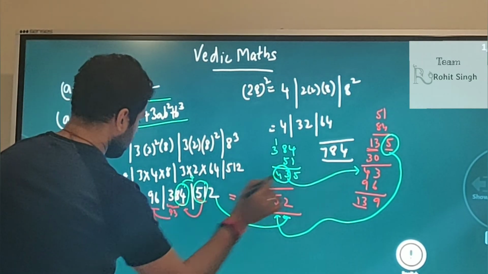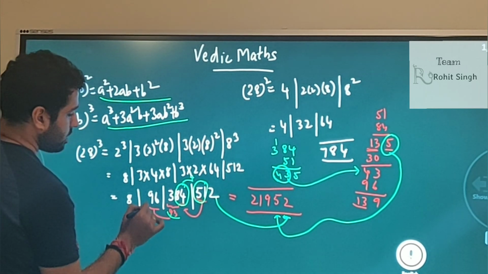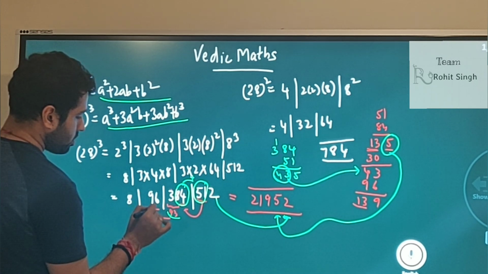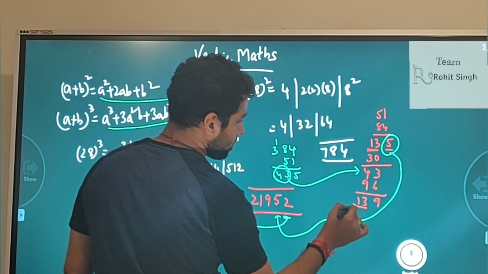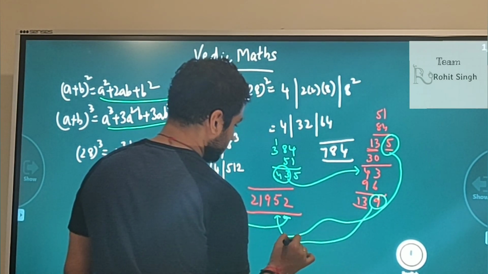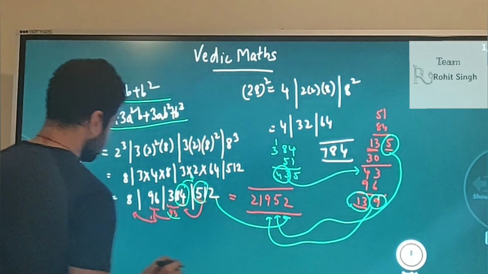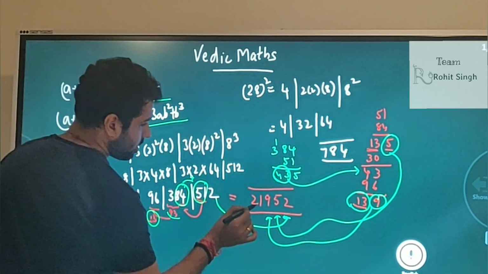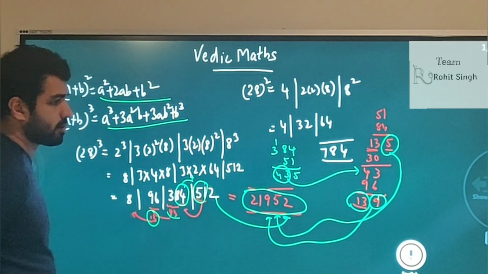Now this 43 that is there over here is added to 96. So 96 plus 43 we get 139. So this 9 value I have written as it is, and this 13 I have carried over. So this 13 plus 8 if we do, we get 21. This is how you get your final answer of 2197.